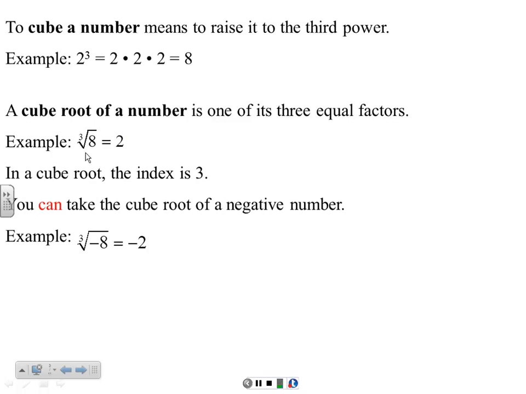In a cube root, the index is 3, and the cube root of 8 is therefore 2. You can take the cube root of a negative number, because negative 2 cubed means negative 2 times negative 2 times negative 2, which is negative 8. So you can take the cube root of a negative number, but you cannot take the square root of a negative number.